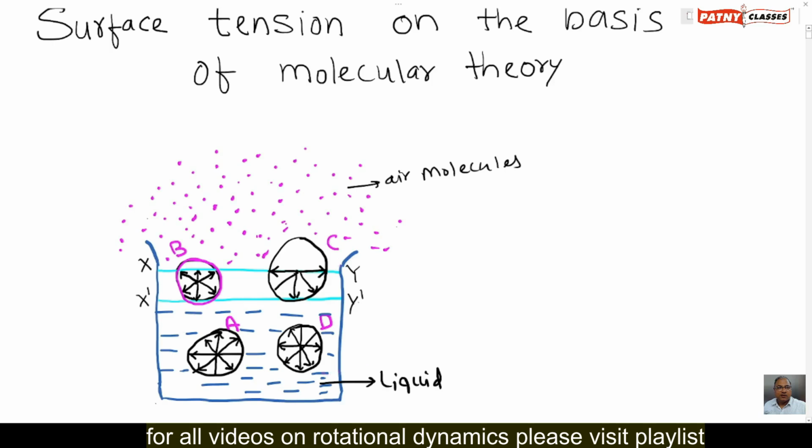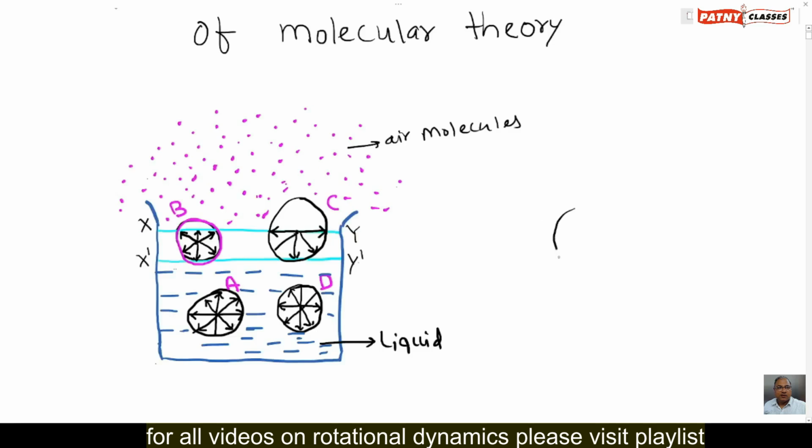So the positions of B and C are not the same. So the story of molecules B and C is different. Molecules A and D are very much inside the liquid.